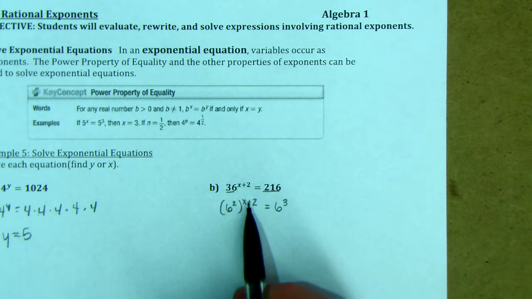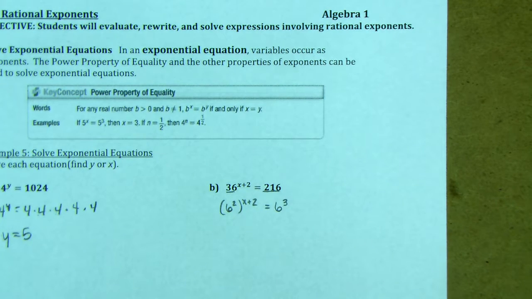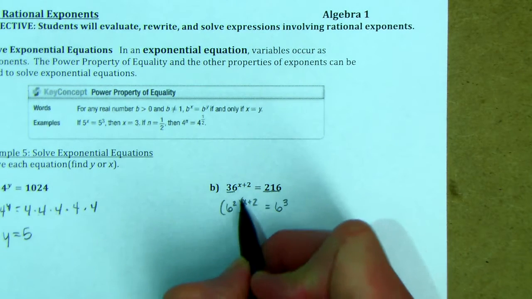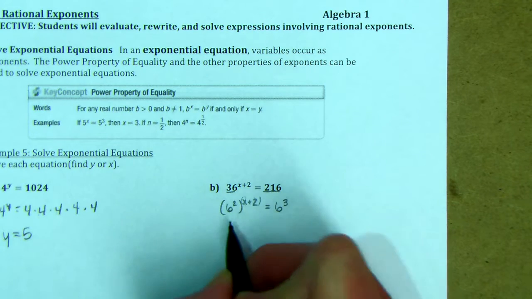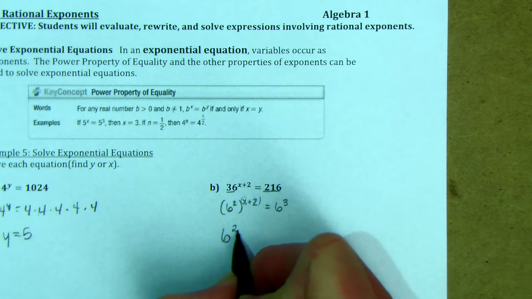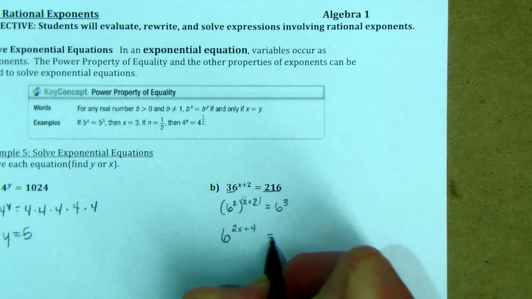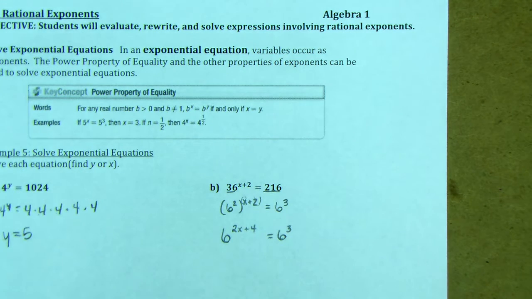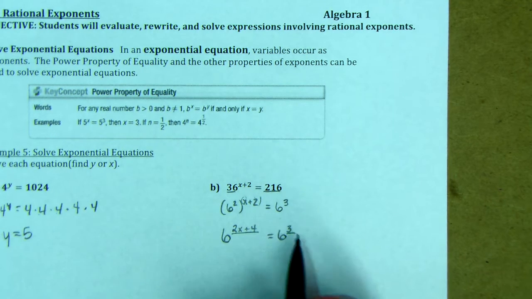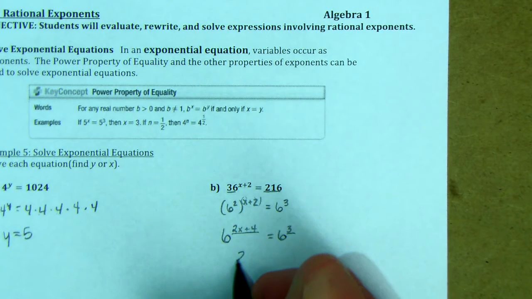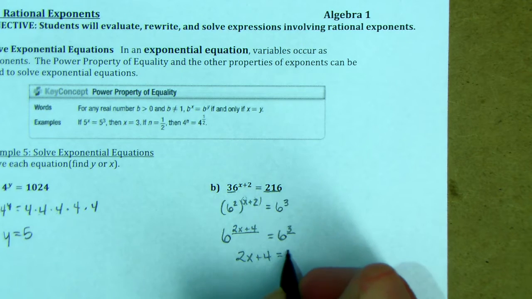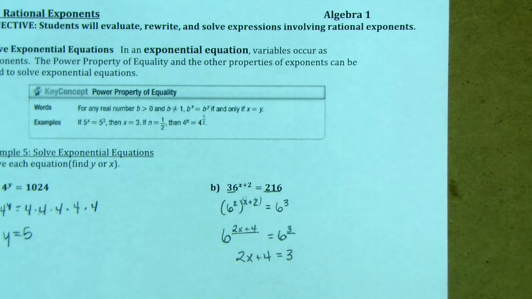Now when we raise a power to a power, what do we do with our exponents? We multiply them. Now I have a binomial, so I actually have to distribute that too. So it's 6 to the 2x plus 4 equals 6 cubed. Well, if 6 to some exponent equals 6 to some exponent, what do we know about these two exponents? They better be equal. So 2x plus 4 has to equal 3. And now I have a two-step equation.